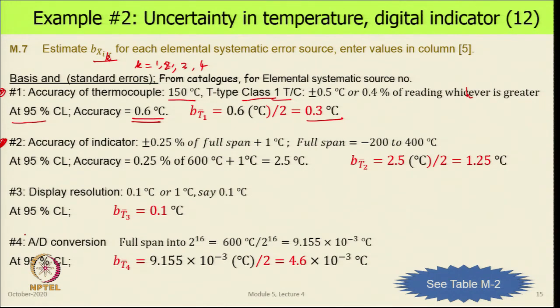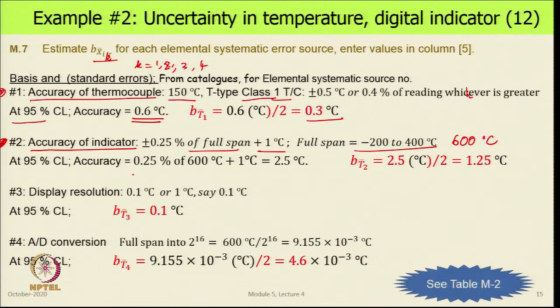Now, I look at number 2. This is accuracy of the indicator. The first one was accuracy of the thermocouple. And from one of those earlier catalogs, we decided let us take this particular indicator and see what it has got. It says plus minus 0.25% of full span plus 1 degree Celsius. And we saw that the full span was minus 20 to 400 degrees Celsius, which is 600 degrees Celsius.